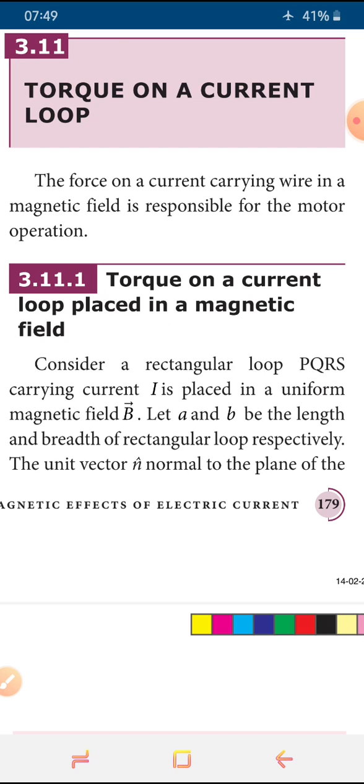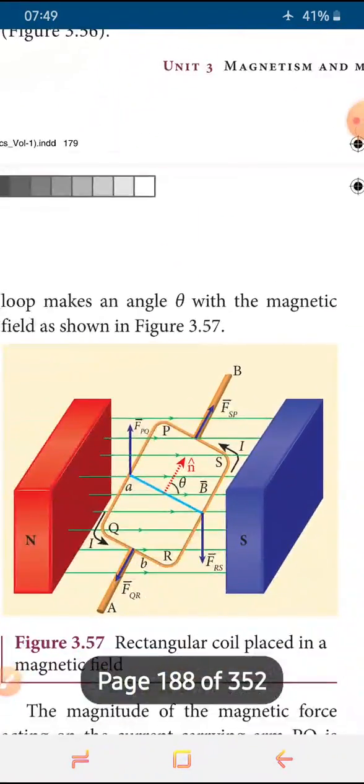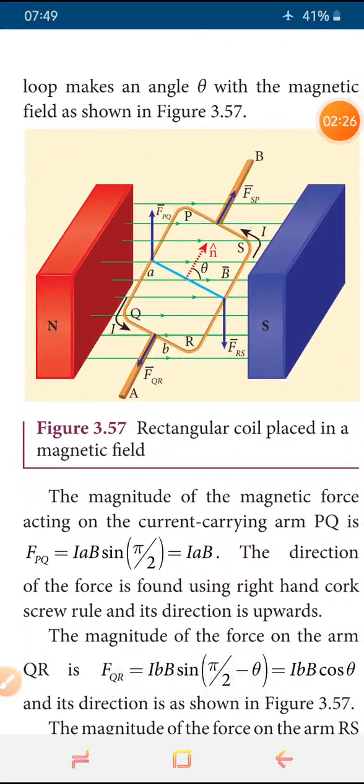Say we have the rectangular loop PQRS carrying a current I. It is placed in a uniform magnetic field. PQRS is a rectangular loop, and it carries a current with the value of I. It is placed in a uniform magnetic field. The unit vector is normal to the plane, and the diagram is given here.